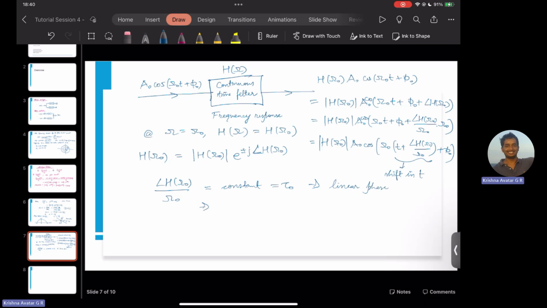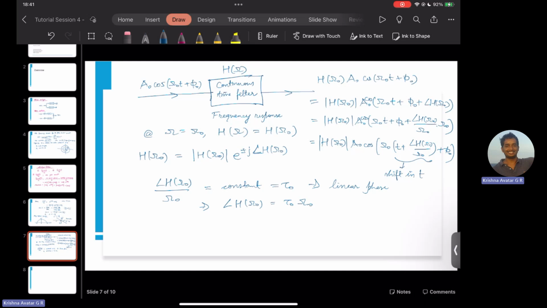And we can say that the angle of H omega naught is going to be tau naught omega.